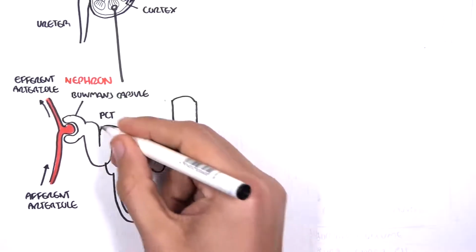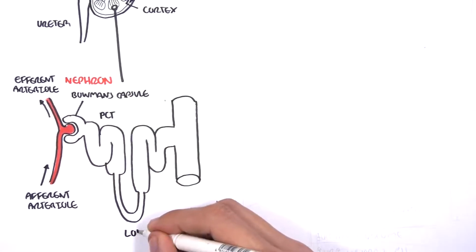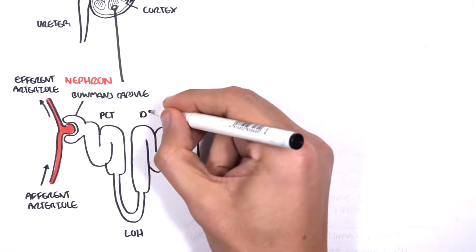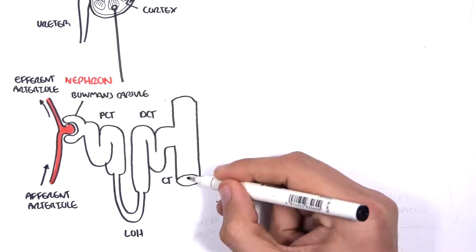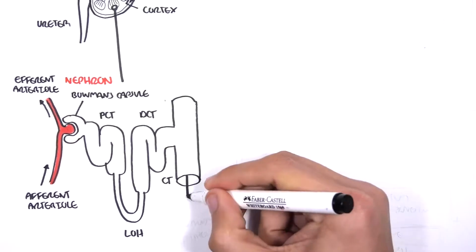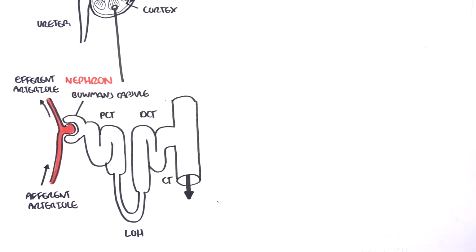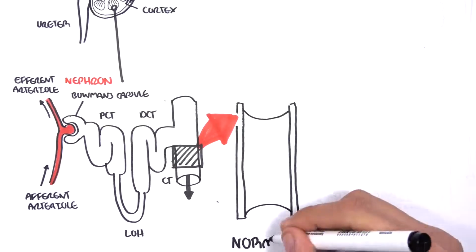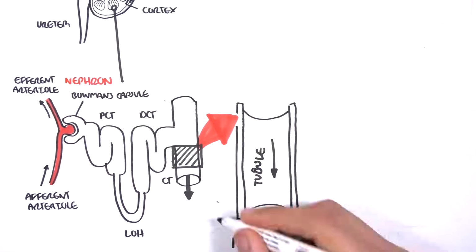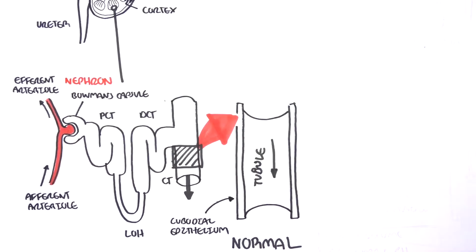Firstly, it will pass the proximal convoluted tubules, then it will go down towards the loop of Henle, the distal convoluted tubules, and then finally the collecting duct. Looking more closely at the tubule, the cells that line the nephron tubules are predominantly cuboidal epithelial cells.